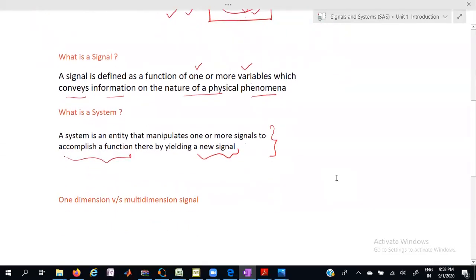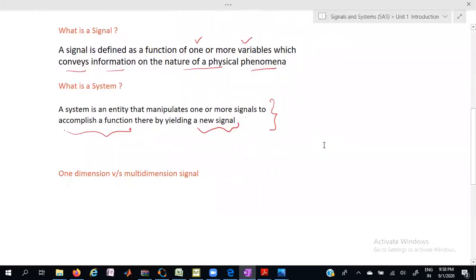Now, depending on the variables on which this function depends, we classify signals into one-dimensional and multi-dimensional signals. For example, in the case of a speech signal, the signal is a function of one variable, that is, it is a function of time.